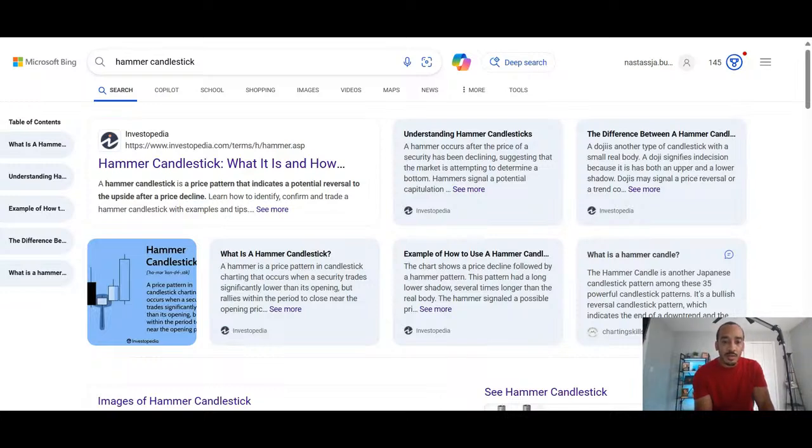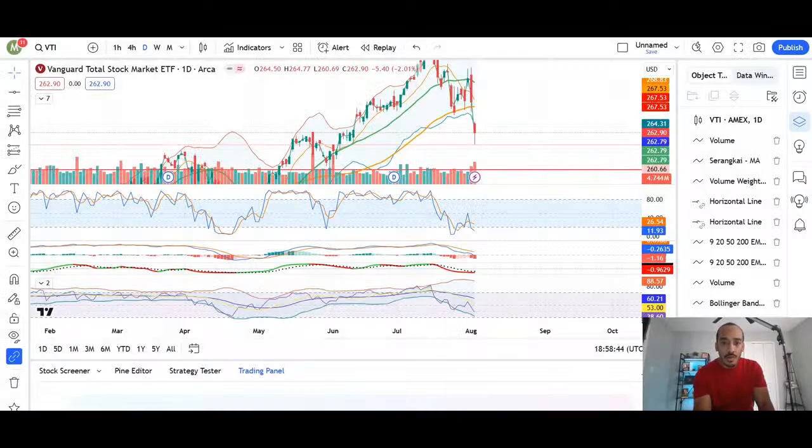Since the hammer candle suggests a potential reversal to the upside, let me pull it up. On the total stock market index, which is VTI, we got a hammer candle coming down to a level of support, and we're outside of the Bollinger Band.